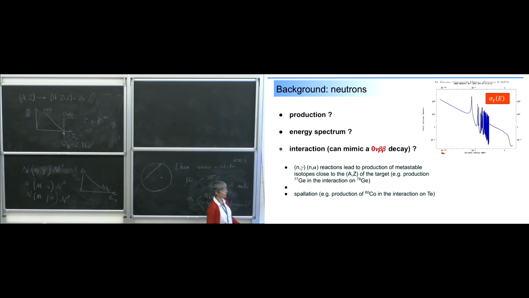So an example of production of metastable states from neutrons is that of germanium-77, an interaction of germanium-76.